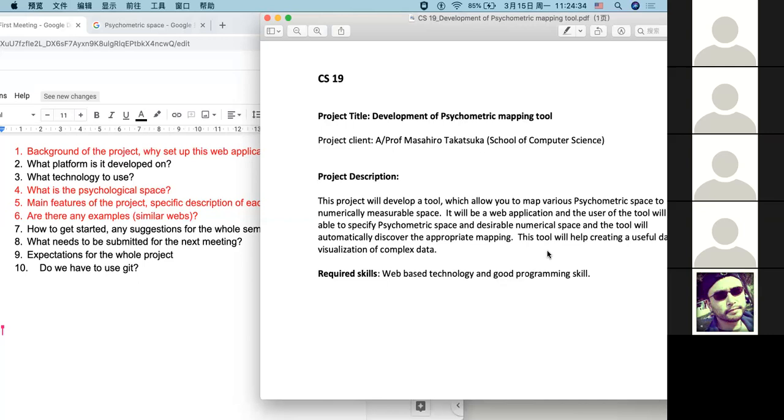So what I want from this tool is to create such a mapping, a continuous mapping from one space to another continuous numerical space. And in order to do that, this web application might have a very simple interface.